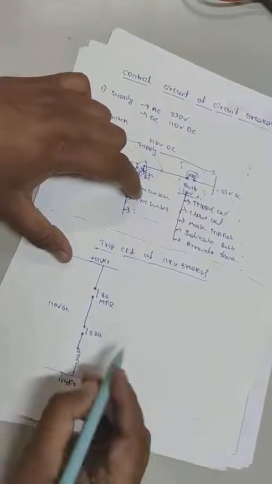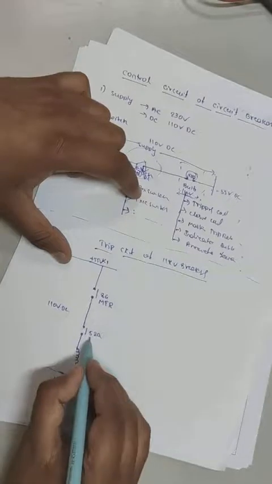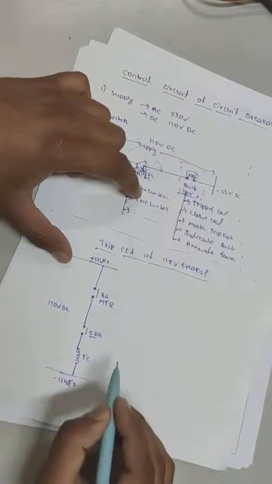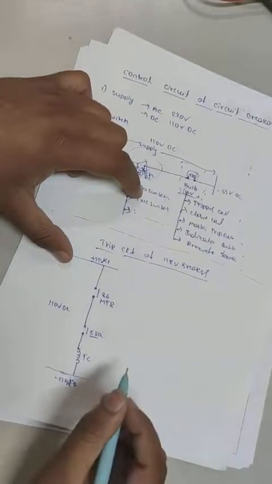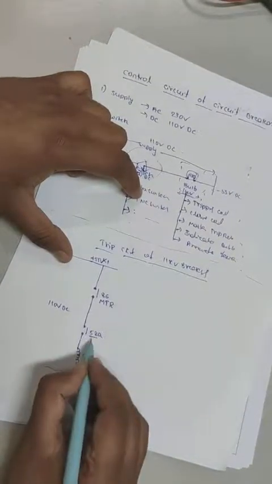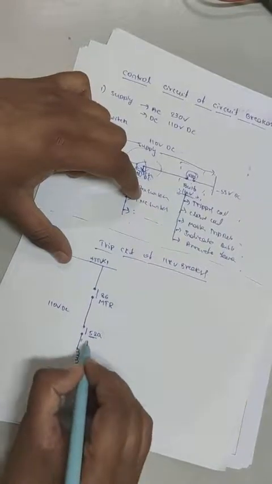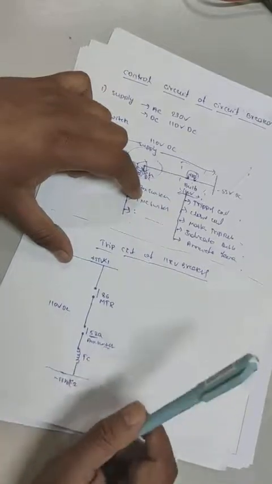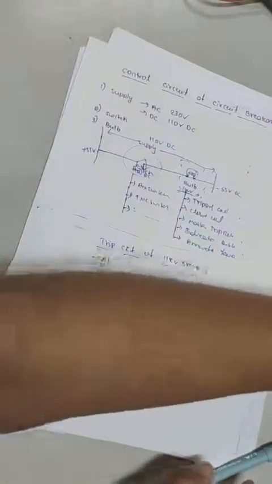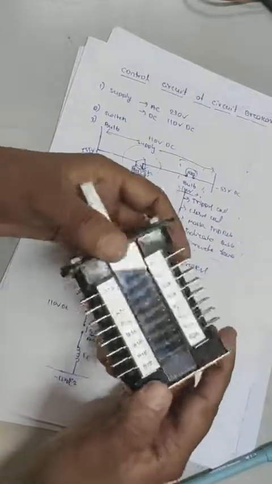So this is the tripping circuit, this is the tripping coil. 52 is the ANSI number code for the circuit breaker. 52A means NO contact of the auxiliary switch. This is the auxiliary switch.